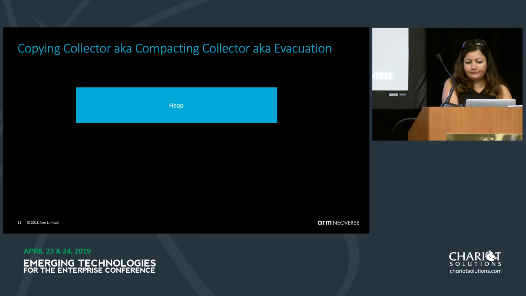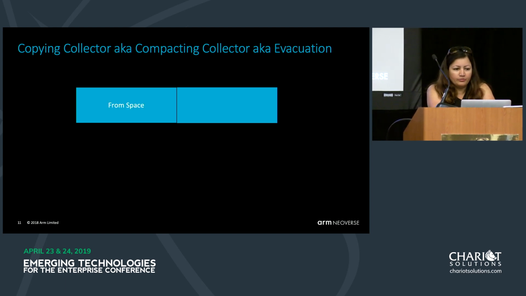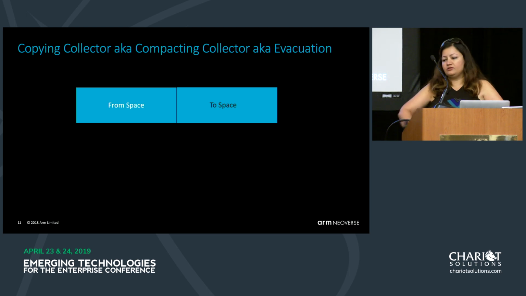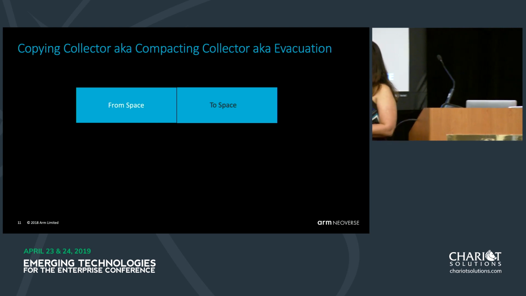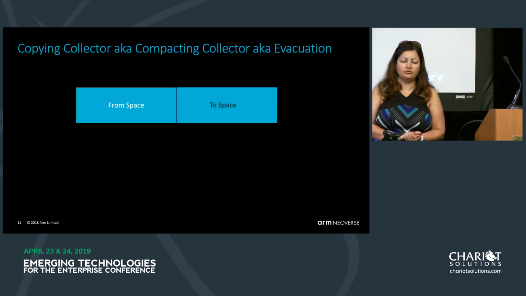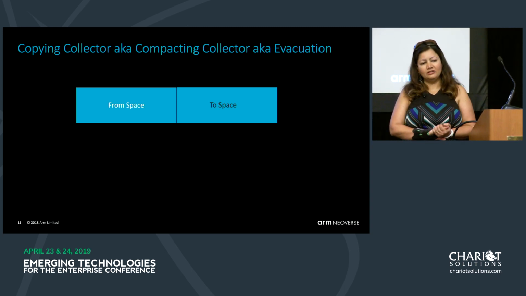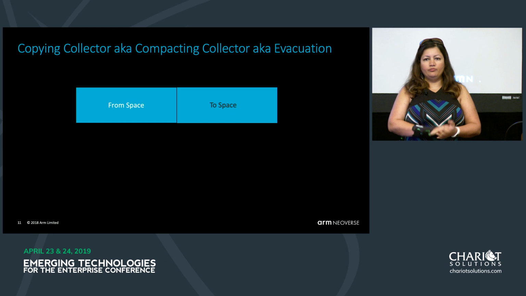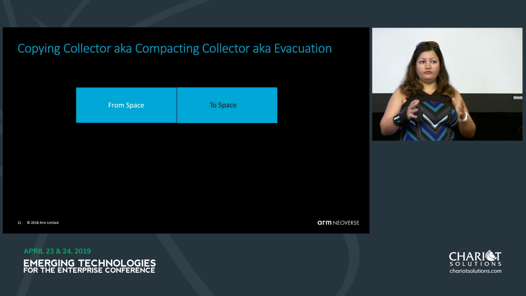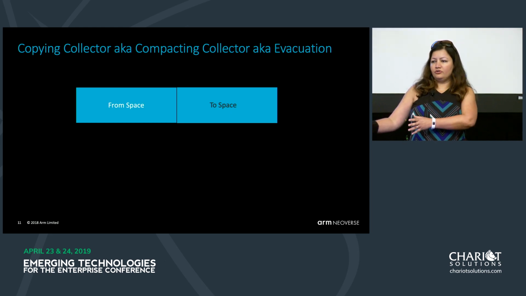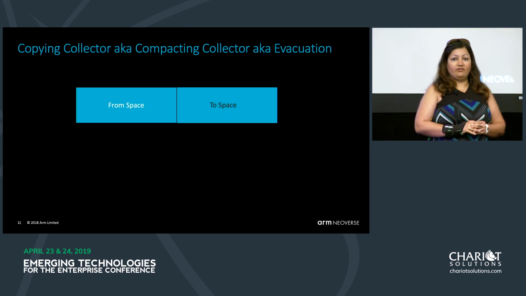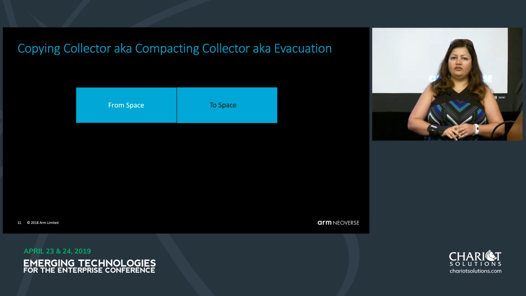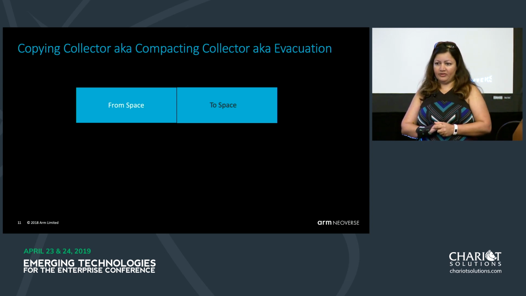Going back to our heap, we will now divide the heap into from space and to space. So when we're trying to do compaction, you will hear the terms evacuation, you will hear the terms copying. It's basically moving objects from the from space into the to space. The objects that you move are called live objects, and then you can reclaim back the from space.